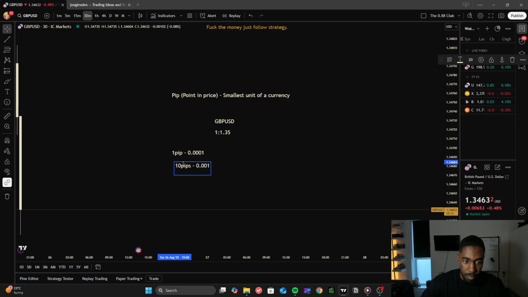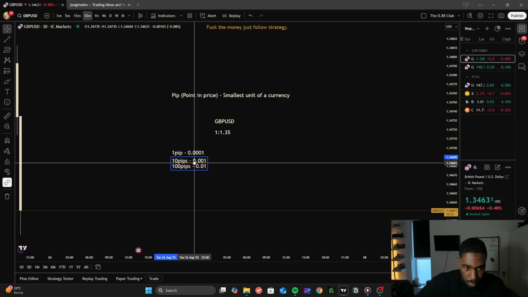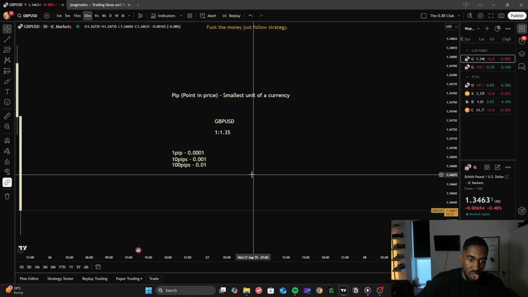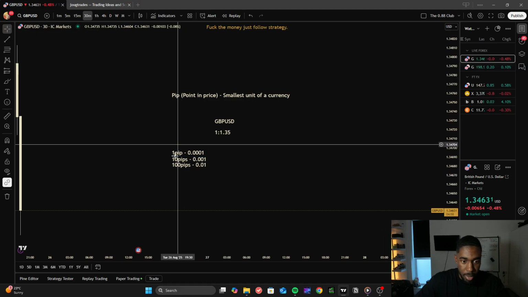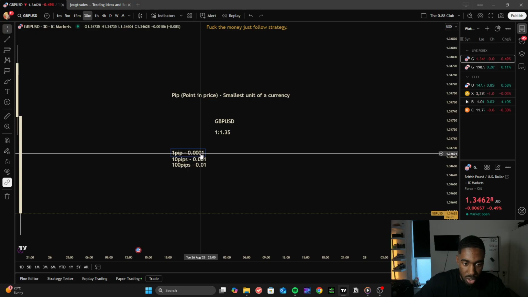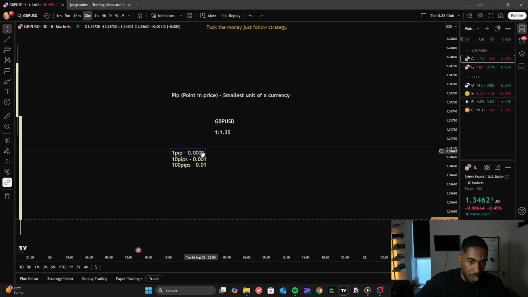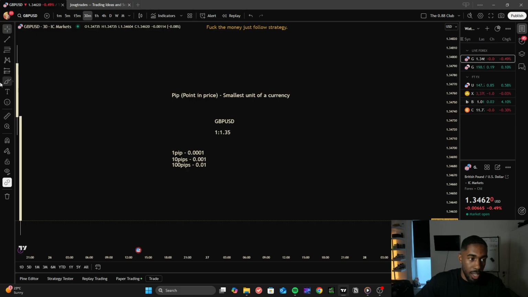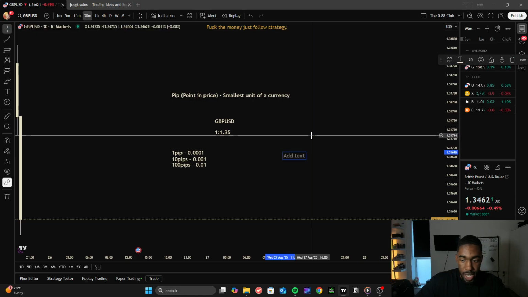That means that 100 pips is 0.01 of a currency. So cool. This is a little cheat sheet you can write down for pips. But generally you need to know that 1 pip is 0.0001 of a currency. And let's get into a little example of what this actually means.